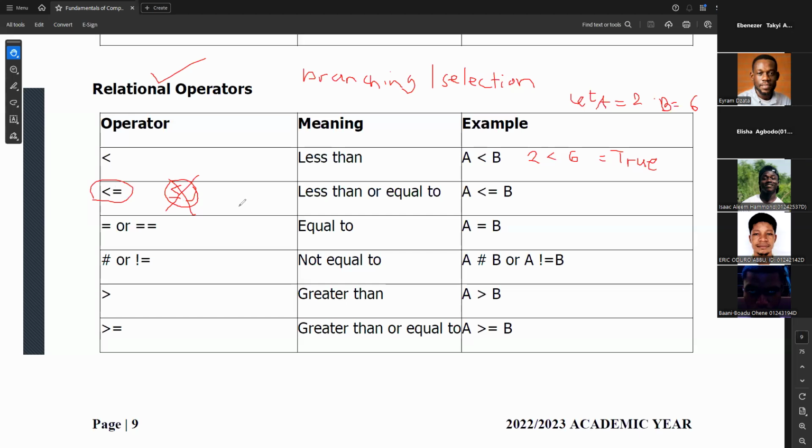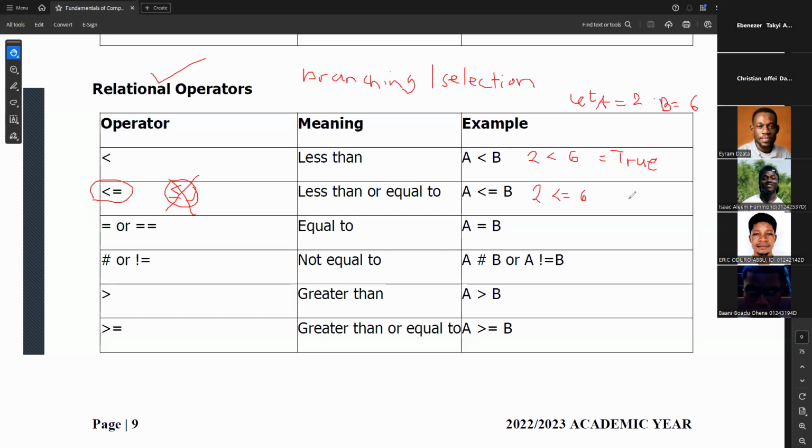That makes it less than or equal to. So if, for instance, we say 2 is less than or equal to 6, what do you think that will give us? True or false? Anyone? False.